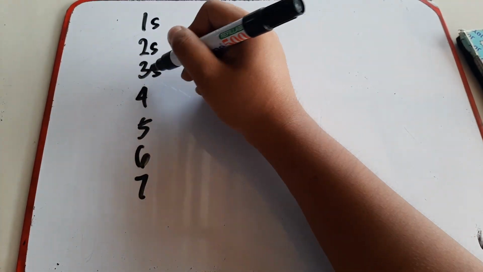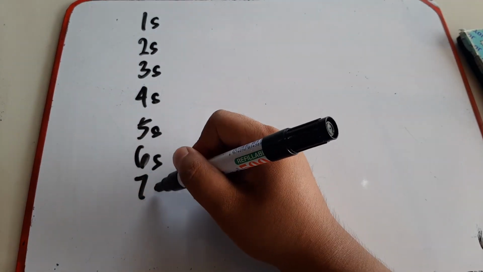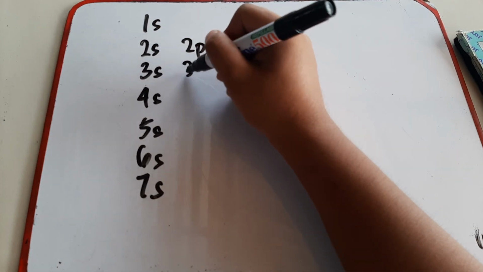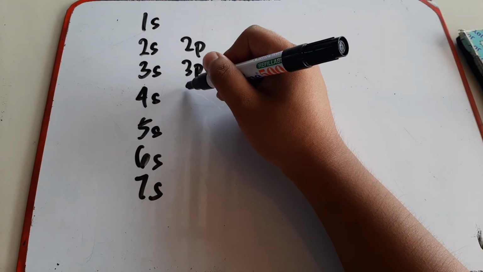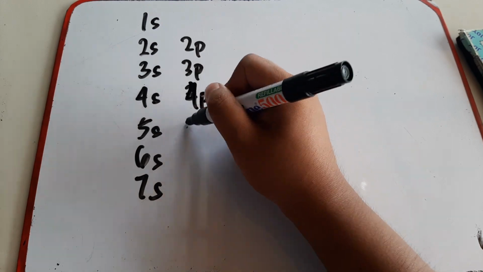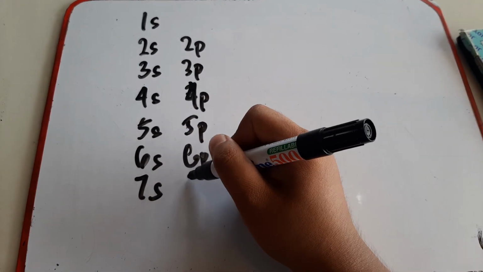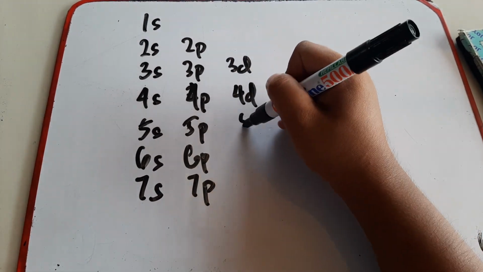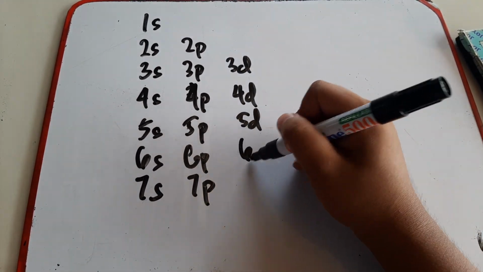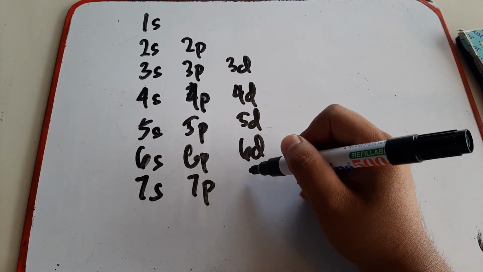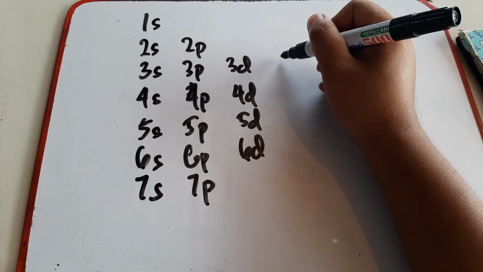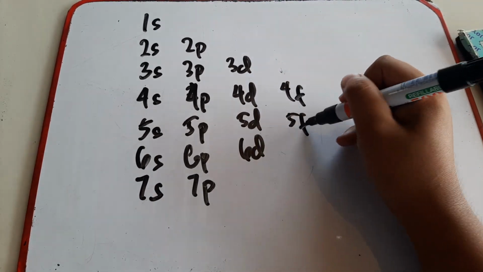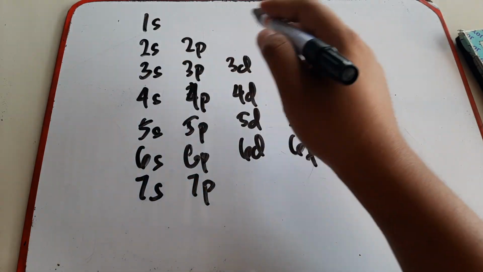I'll write the necessary subshell per energy level. 2p, 3p, 4p, 5p, 6p, 7p, 3d, 4d, 5d, 6d, 7d, 4f, 5f, 6f. And the arrow goes like this one.